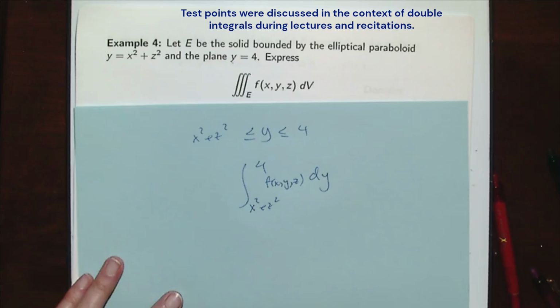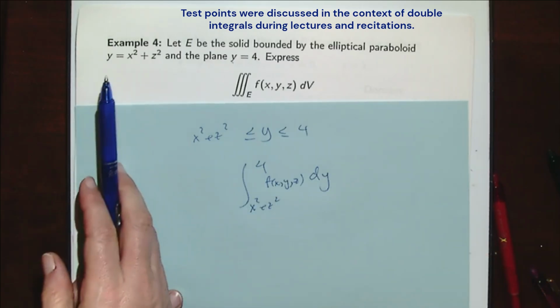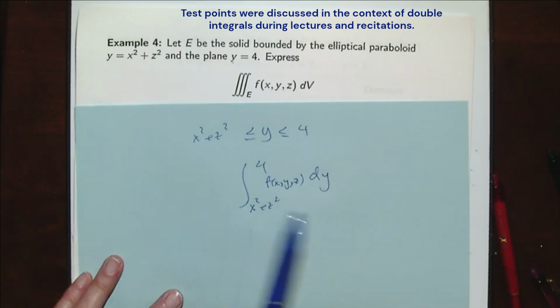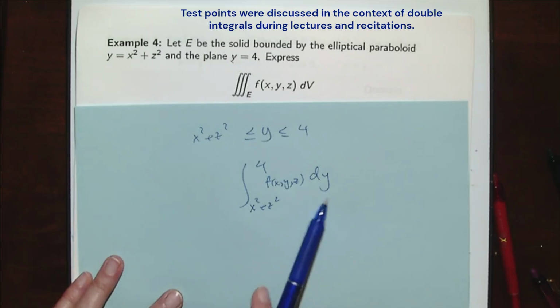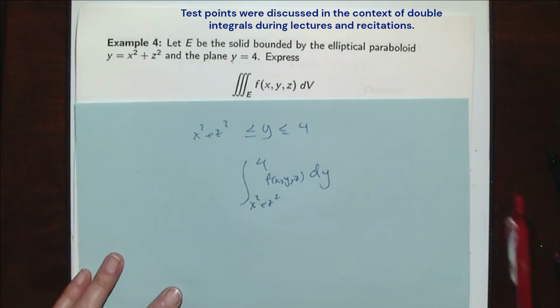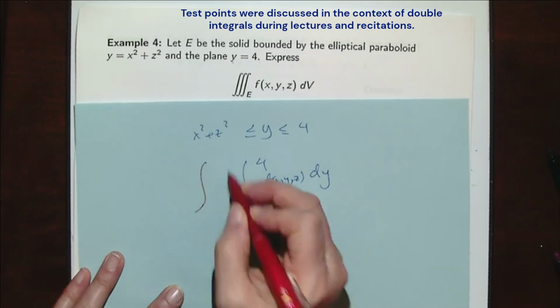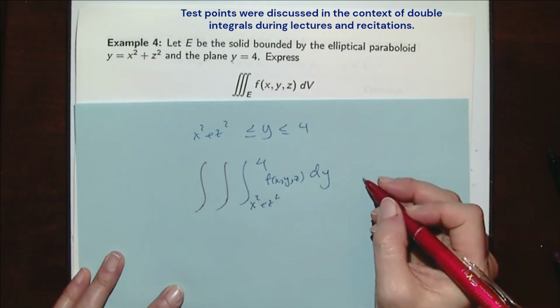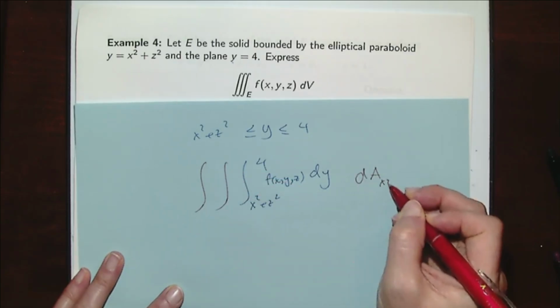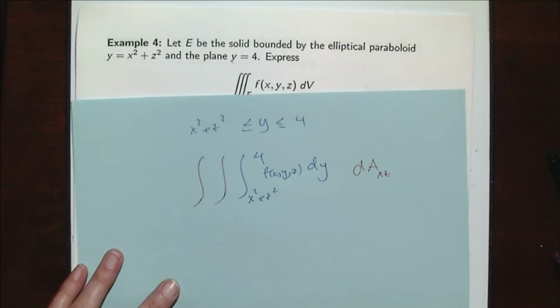Now, what is the projection of this shape? What are the variables that are missing? X and z. So these two outer integrals are going to be in terms of dA of x and z. Correct? Everybody agrees?